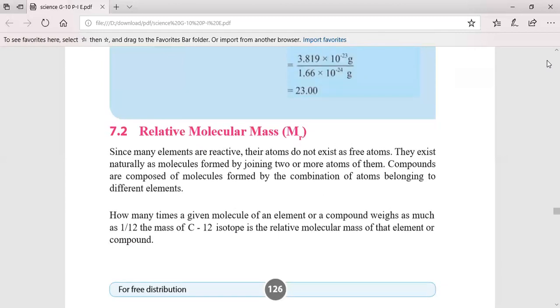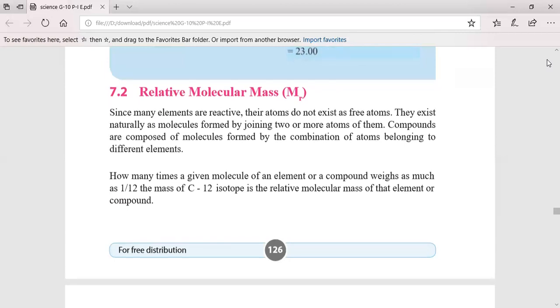In the previous session we took atomic mass; in molecular mass, two or more atoms combine to produce a compound. What is the relative compound mass or relative molecular mass?